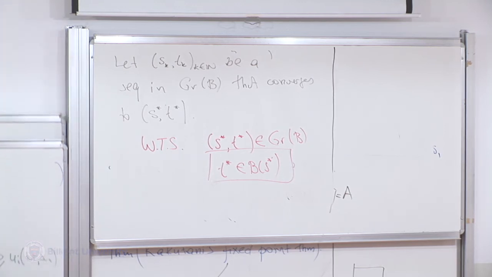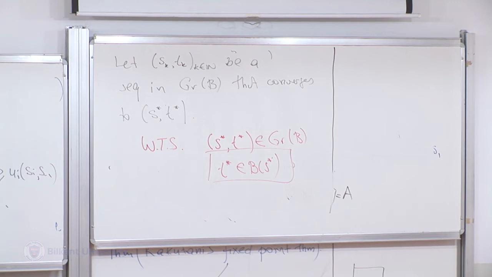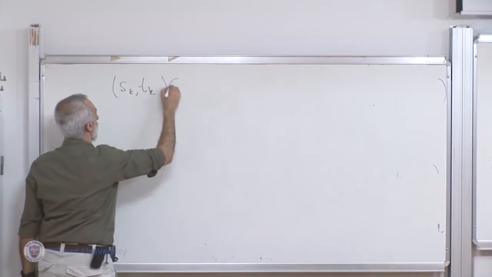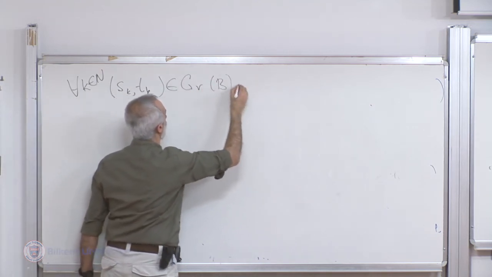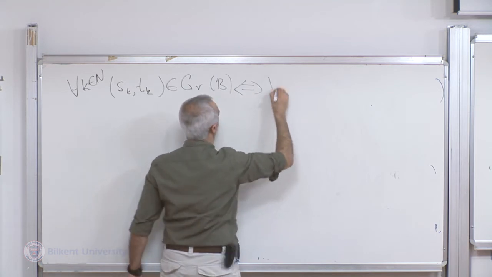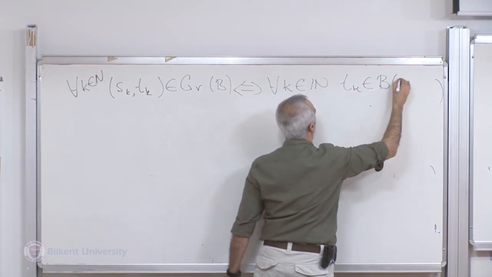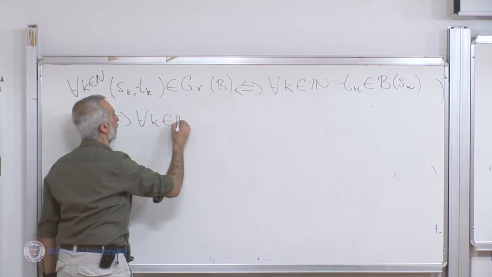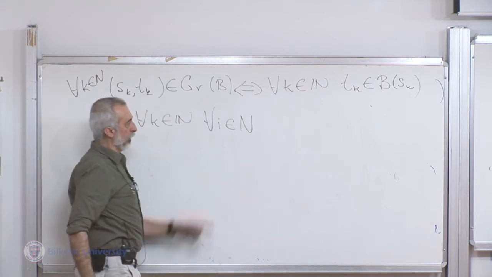Okay, so what do we have? sk, tk is in the graph of B for any k natural number. sk, tk in the graph of B implies, well, it's an if and only if, for any natural number, tk is in B of sk, which implies for any k in N, for any agent i.